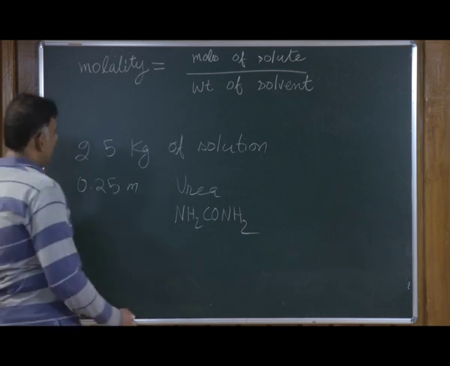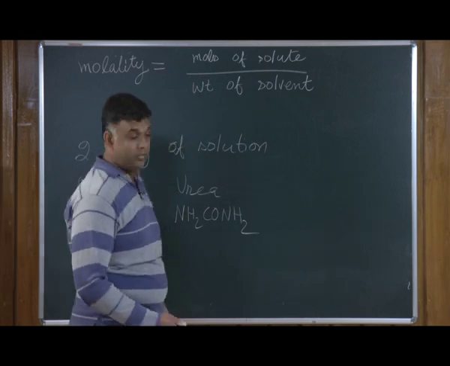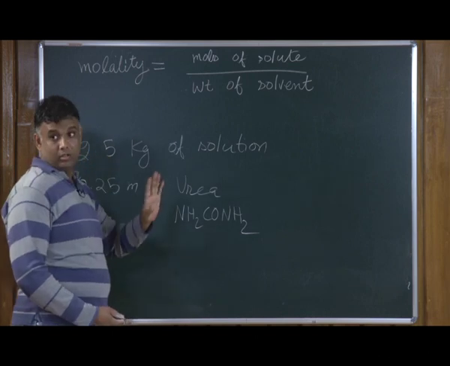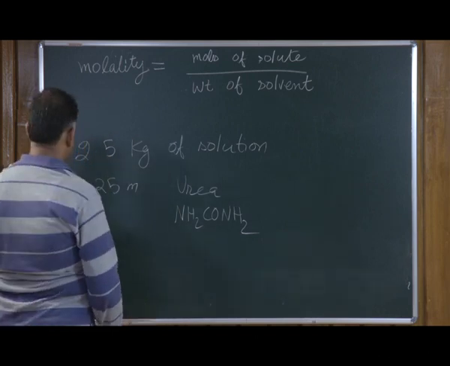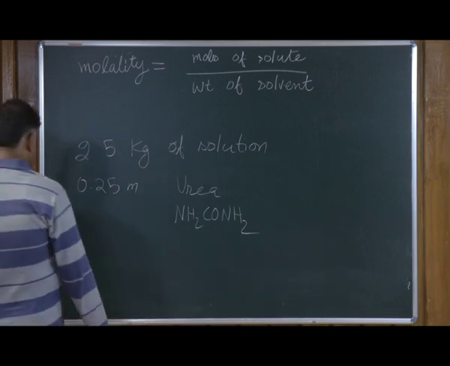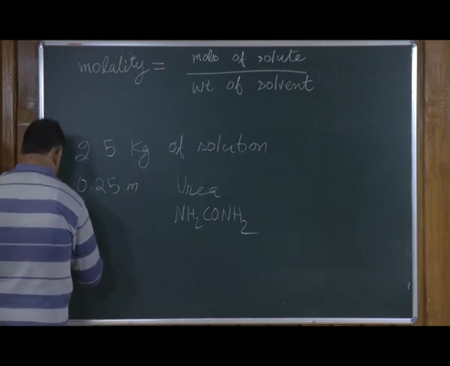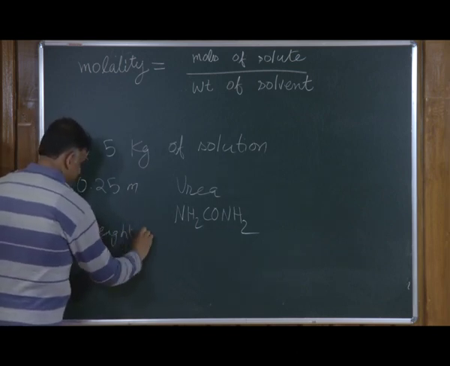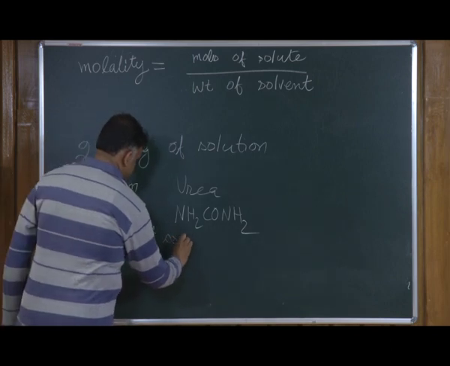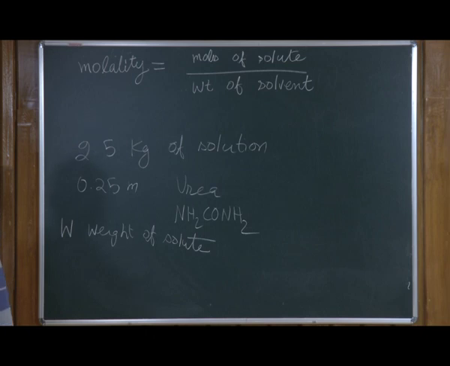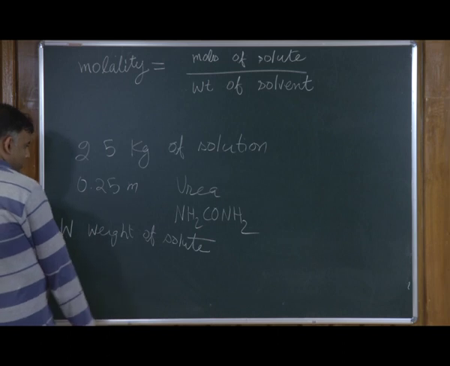And over here we need weight of solvent. We are given the weight of solution, not the weight of solvent. So, first we need to assume, let us say the weight of solute is W, in kg.